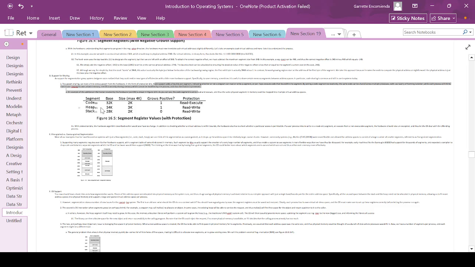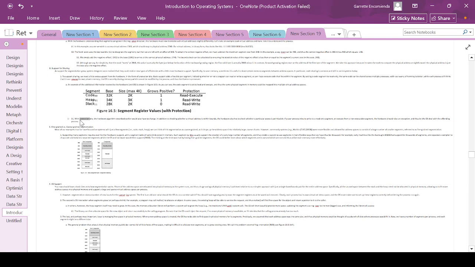So here code 32K is read and execute, grows positive 1, and then heap grows positive 1, stack 0. For stack we have read and write, heap read and write, while code is read and execute. So you cannot write into code.